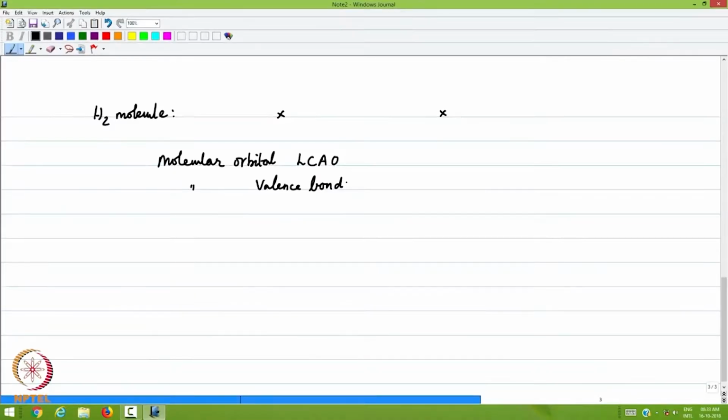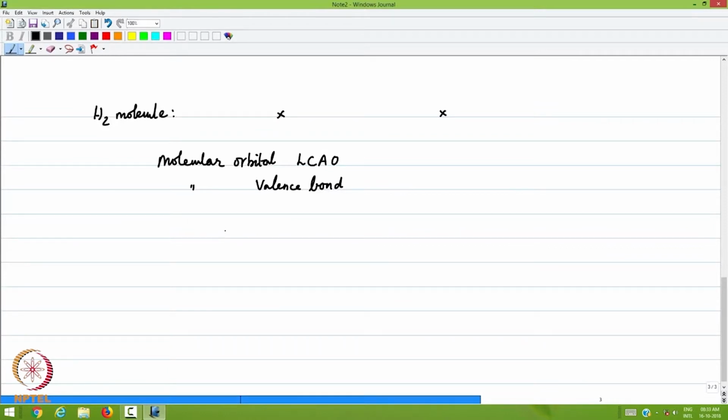Both methods, when carried out to a very high degree of accuracy, which is of course possible, give reasonable correlation with the experimentally observed bond energy and the potential energy graph for the hydrogen molecule.